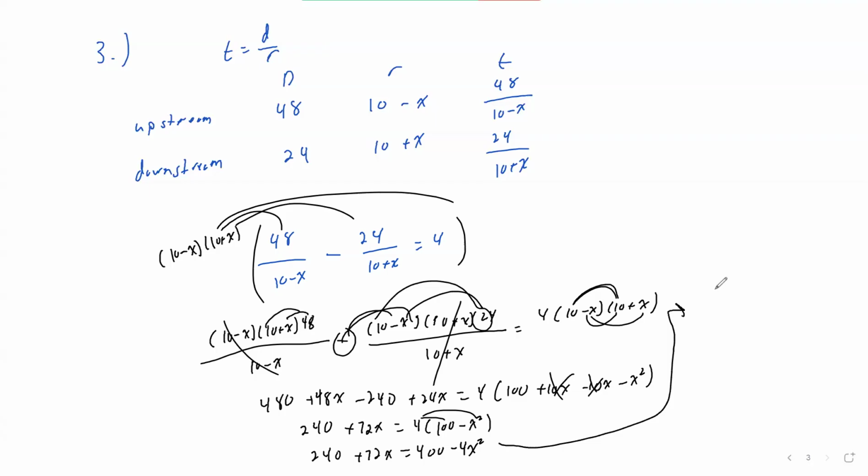Continuing this on. So I'm going to start back up here. So 240 plus 72x equals 400 minus 4x squared. I'm going to move everything to the left. So I'm going to add 4x squared. Subtract 400.